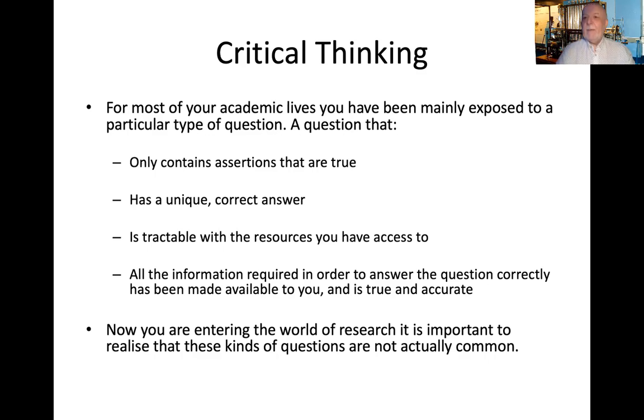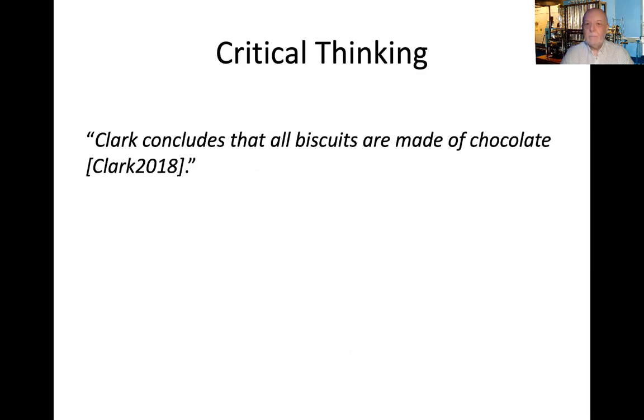So now that world is changing. When you enter the world of research, it's important to realize that these types of questions, bounded by true assertions and limited tractable resources, are not actually so common. So we have to start thinking a little differently to what we've been used to.